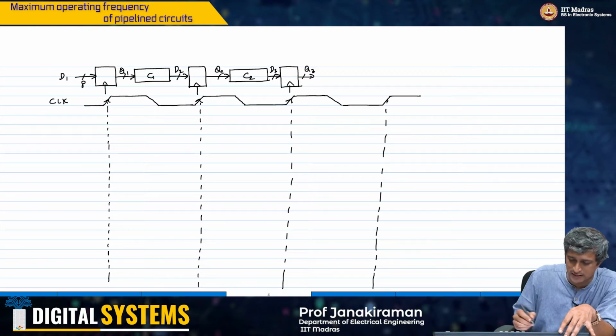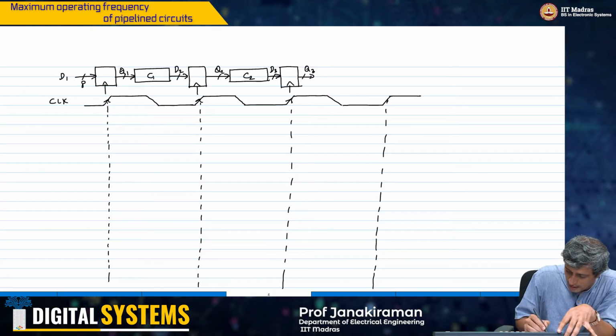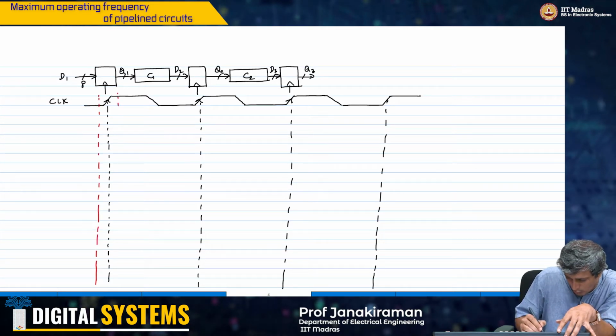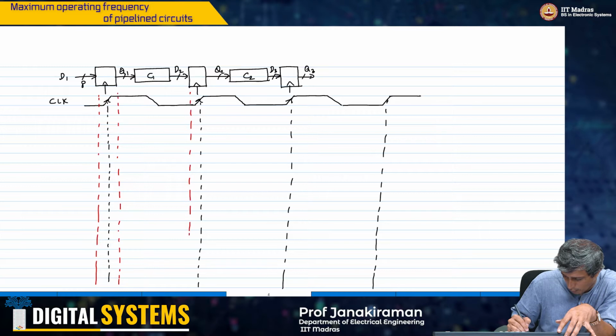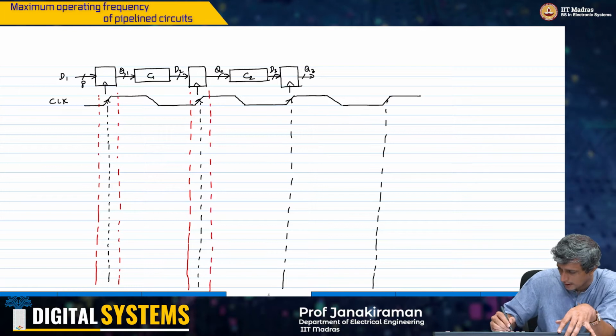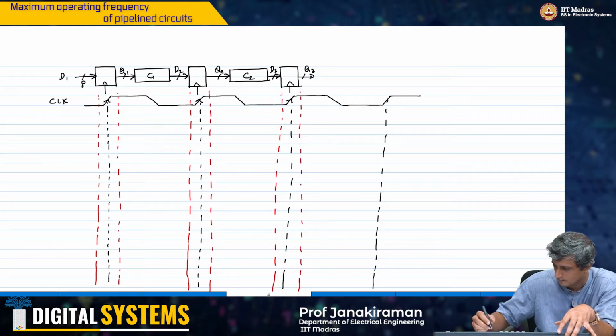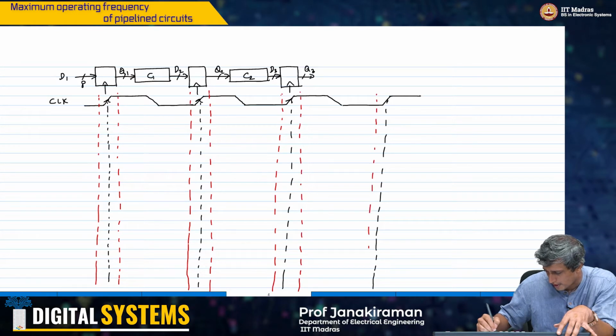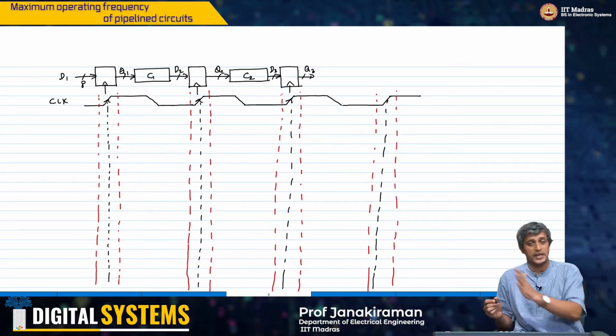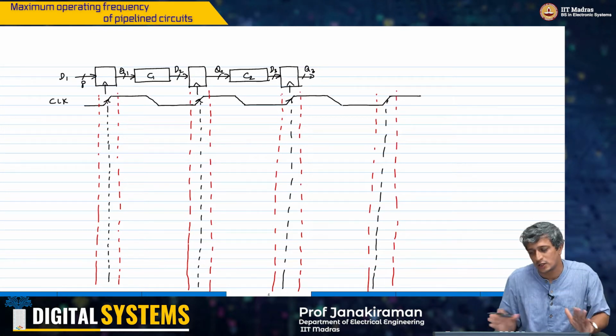Remember that around this sampling edge there is a window called the setup and hold window, around which data should not change if I want it to go through correctly. So I am marking that zone around the clock edge where my data should not change. Please follow this principle very diligently, marking these regions, the sampling edge and all that stuff very clearly.